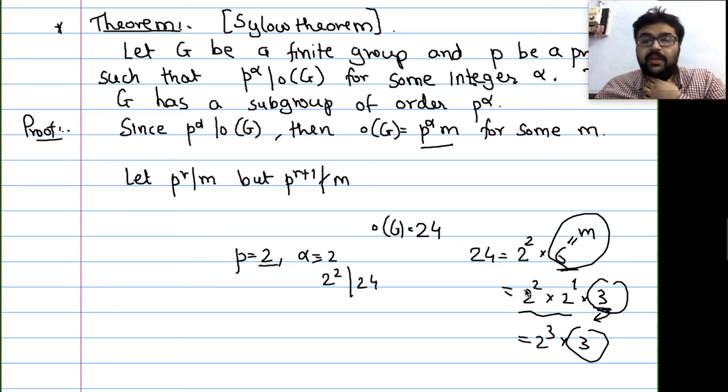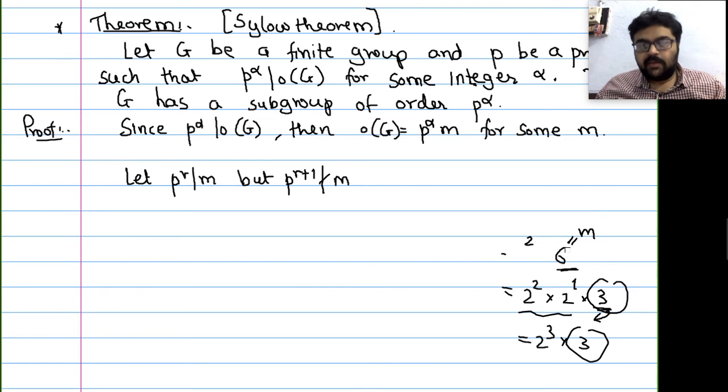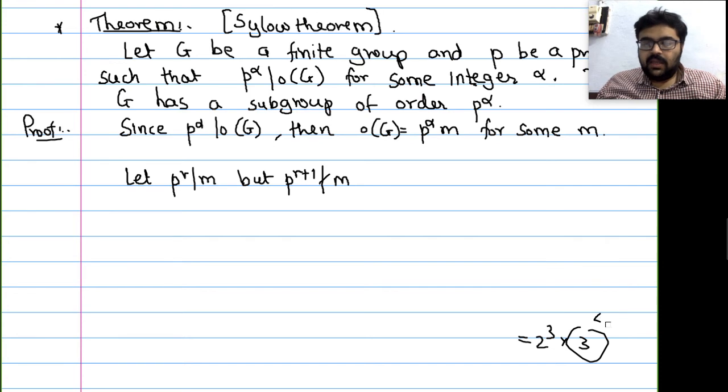Otherwise just repeat it. So m can also have powers of p. Let us extract that. So suppose there are r powers. r is greater than equals to 0. It can be 0. If alpha is highest, then nothing comes out of m. Right? So let us say that there are r powers of p in m. That means p power r divides, that is maximum.